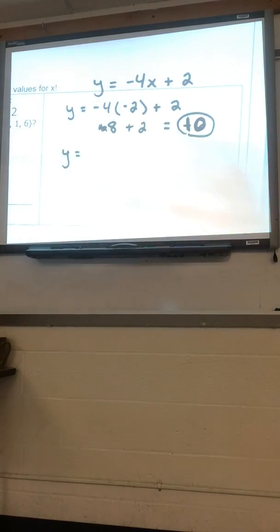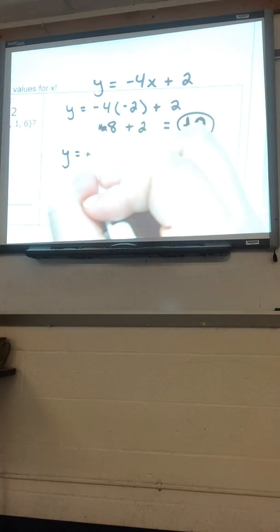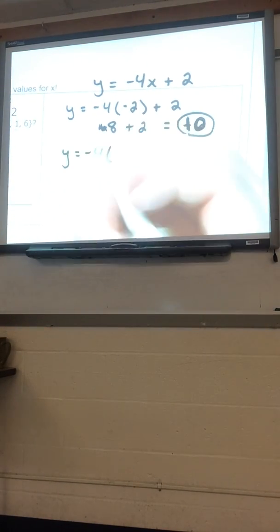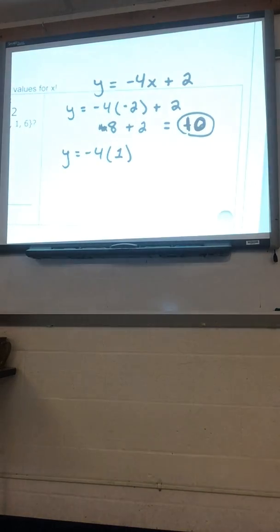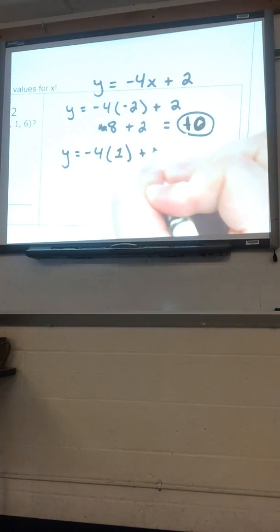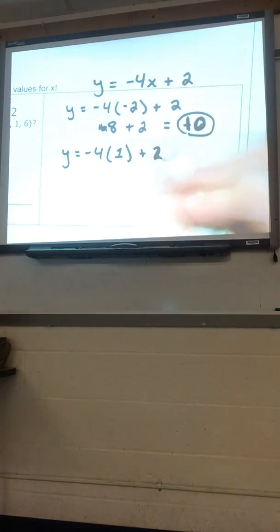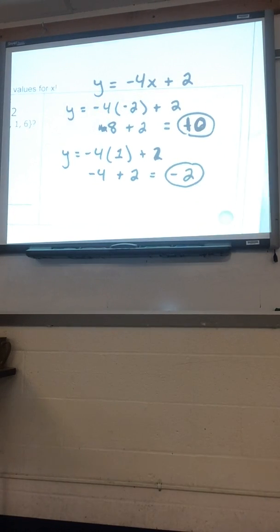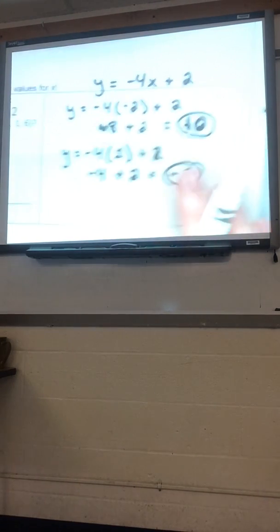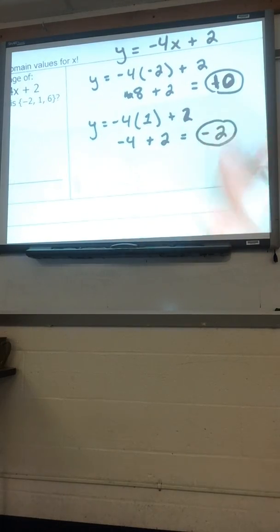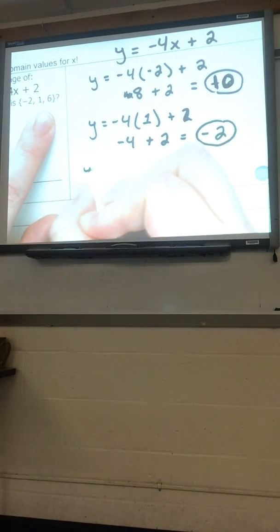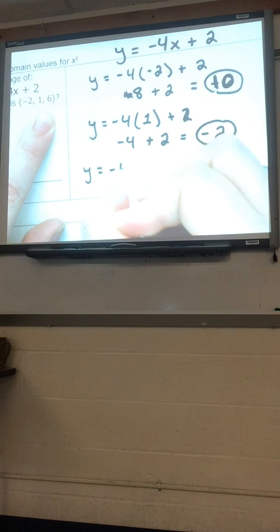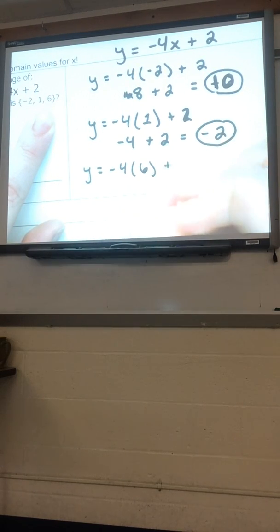If I go ahead with my next one, again, negative 4 times, now my x, I'm going to put in 1, because that's the second number in my domain, plus 2. Negative 4 times 1 is negative 4, plus 2 is negative 2. So I've got two numbers so far, 10 and negative 2. And my last one, I have my domain value of 6, so I'll have negative 4 times 6 plus 2.